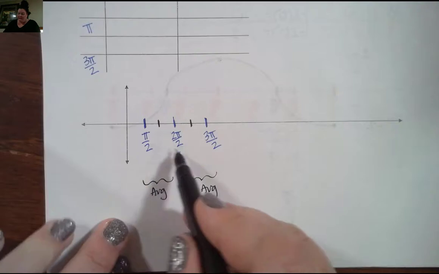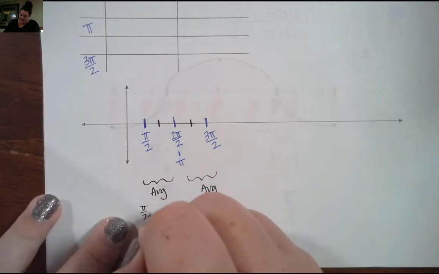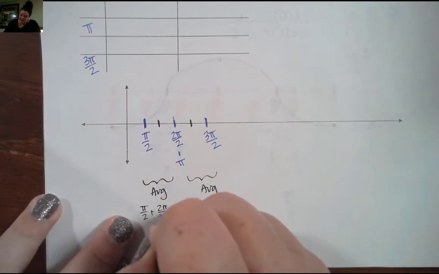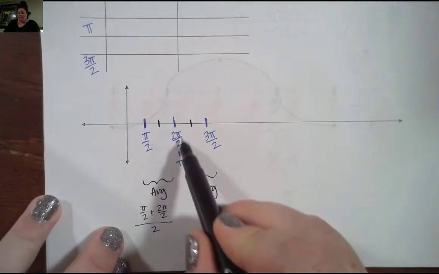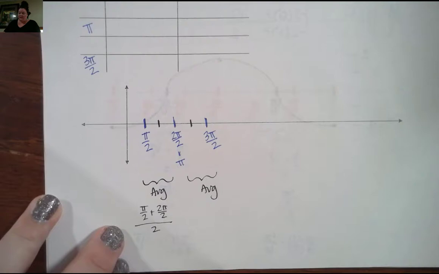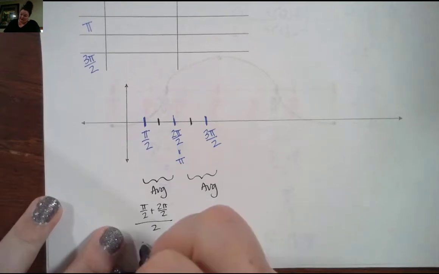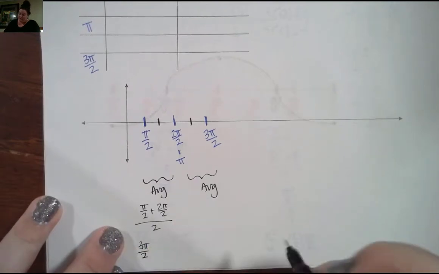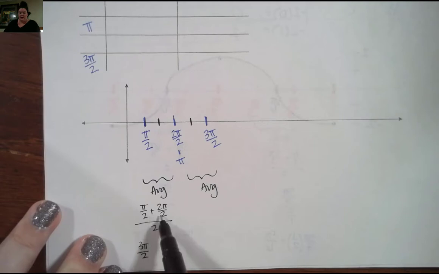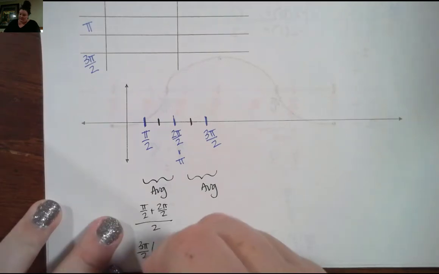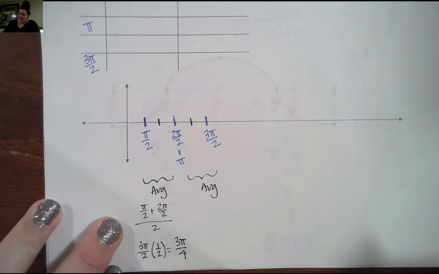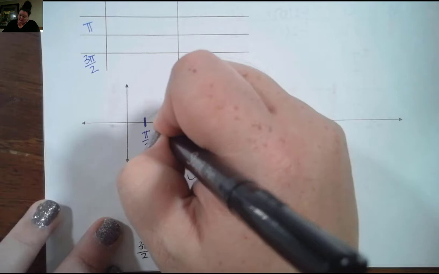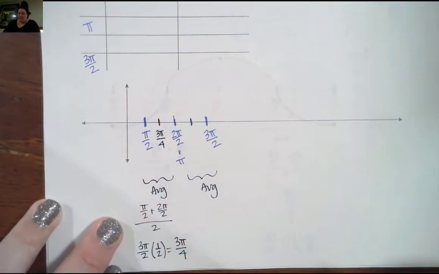When we average these two, I have pi over 2 plus 2 pi over 2 divided by 2. I'm leaving it written like this just because that way they already have a common denominator. That gives me 3 pi over 2, right, on top. And then if I'm dividing by 2, that's the same as multiplying by a half, which gives me 3 pi over 4 as that intermediate one. 3 pi over 4.